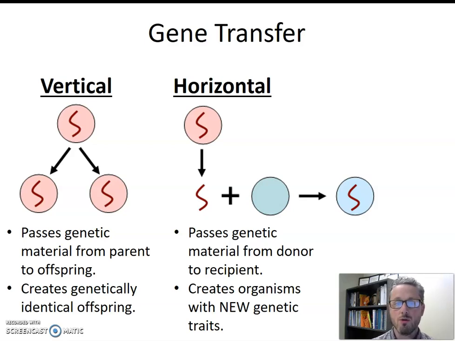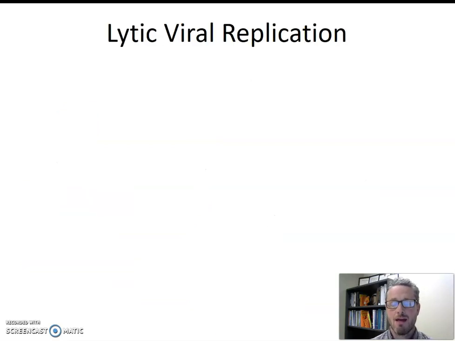So again, we want to address a specific mechanism by which horizontal gene transfer can happen. And that mechanism is transduction. Now, transduction is going to rely on the viral lytic life cycle. So I just want to remind us about the lytic life cycle for viruses. We've looked at this before.